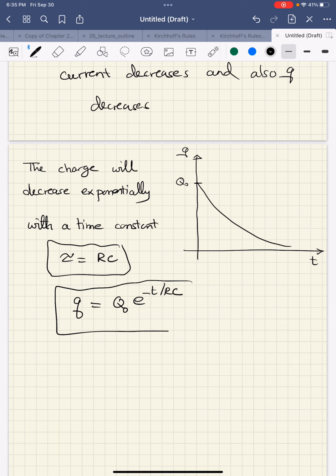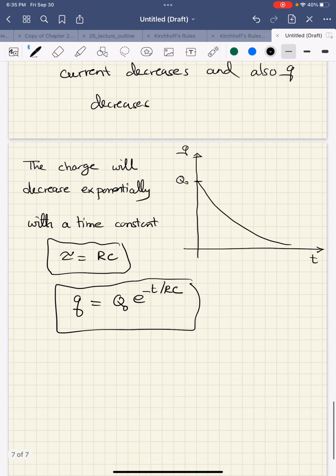Then this is the dependence of Q on time.